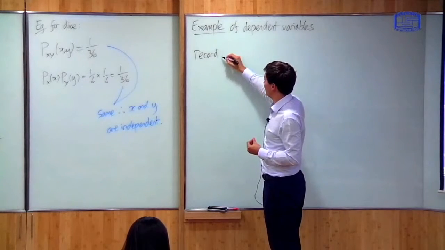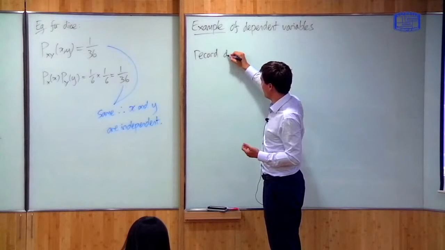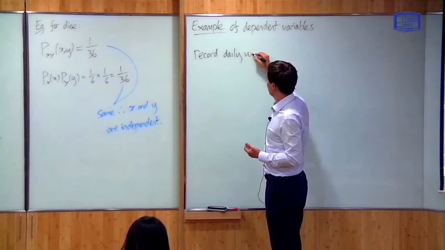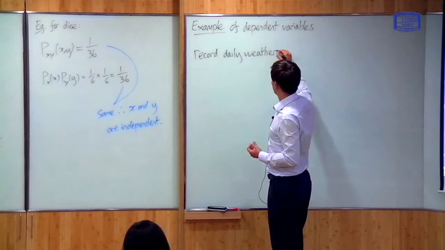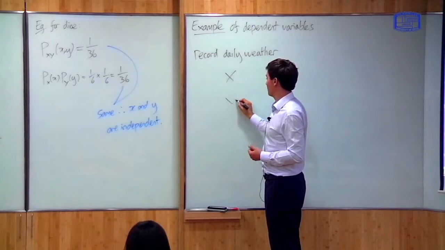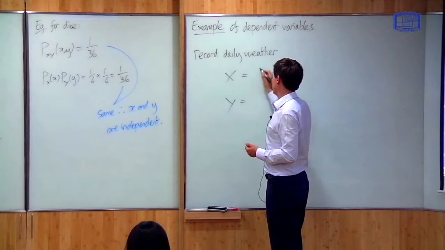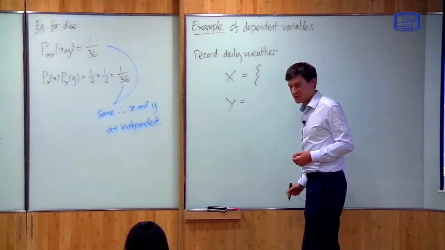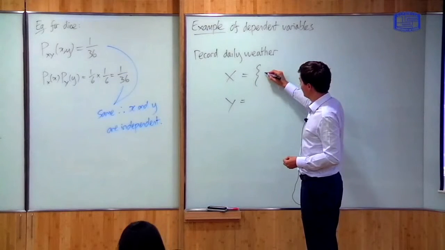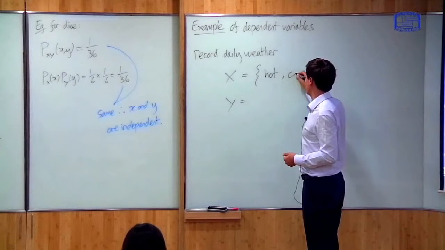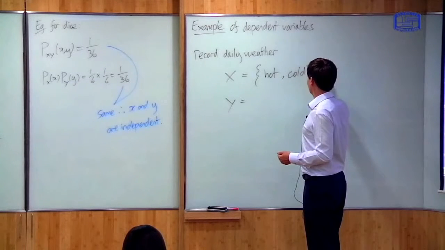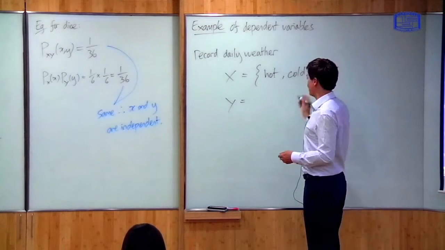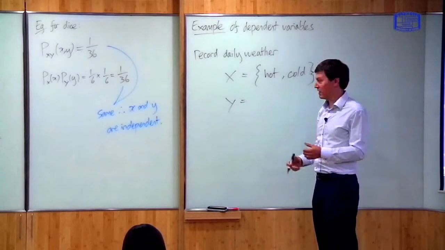Suppose we're measuring the weather, so we record the daily weather, and I'm going to do it by two different measurements. The first, x, is the weather can either be hot or it can be cold, let's say compared to the average temperature for that time of year.